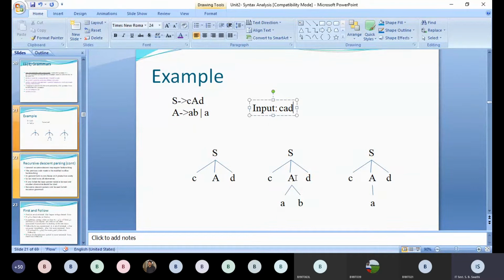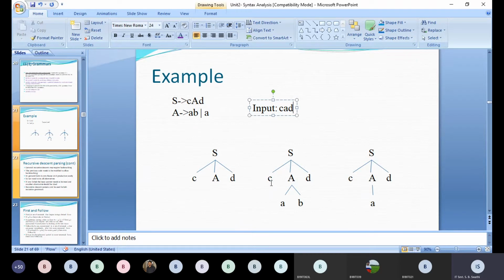So AB is taken. When you replace capital A with these values, AB, what is the string that is generated? CABD. Yes, ma'am. And how do you find out the string? Whether you use clockwise or anti-clockwise direction? Clockwise. If you take clockwise, the input string which is generated is DBAC.